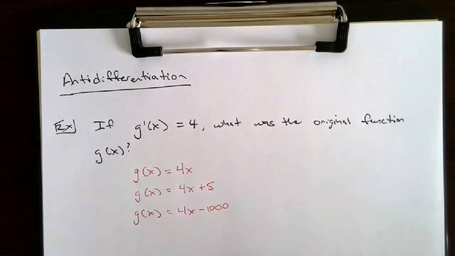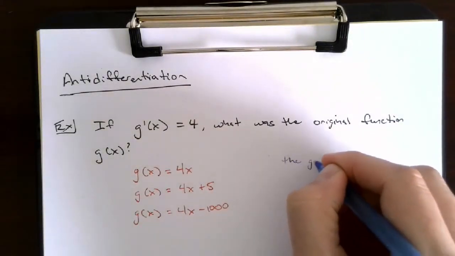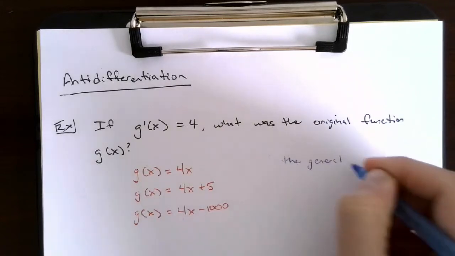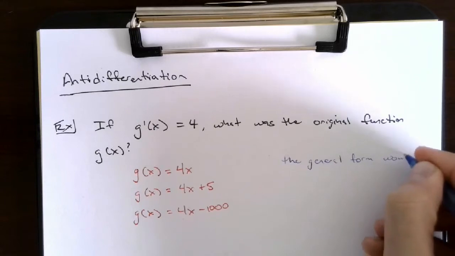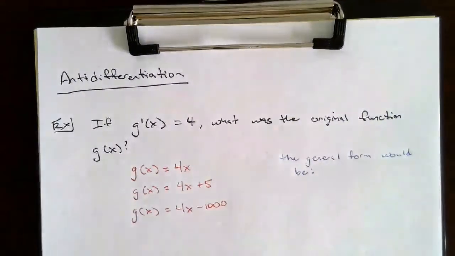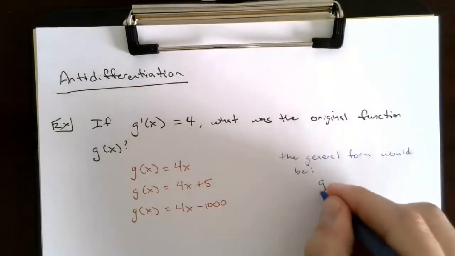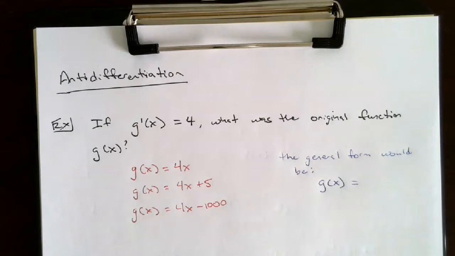So the general form of this function g of x equals 4x.